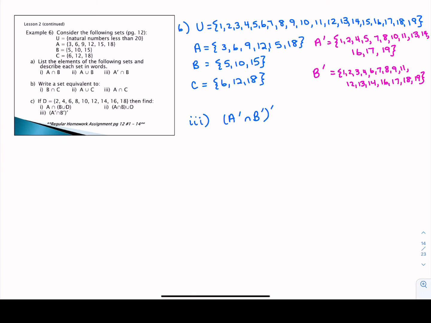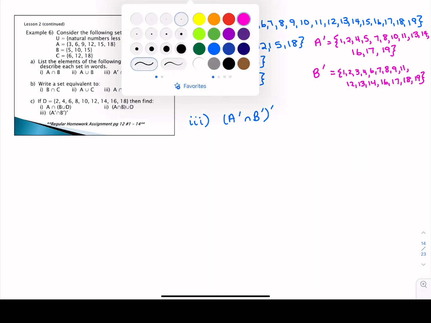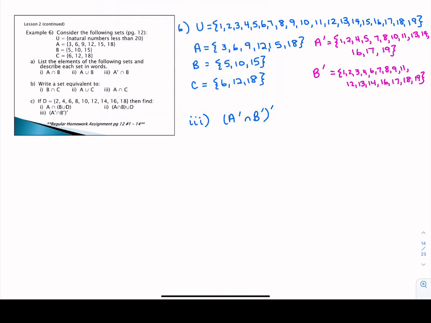So now we need to find the intersection between A and B. So we're not doing the whole question at once. We're just saying let's focus on not A and not B. So the intersection between these two complements, if we take a look at our list, 1 is shared between them, 2 is shared between them, 4 is shared between them, and the list goes on.